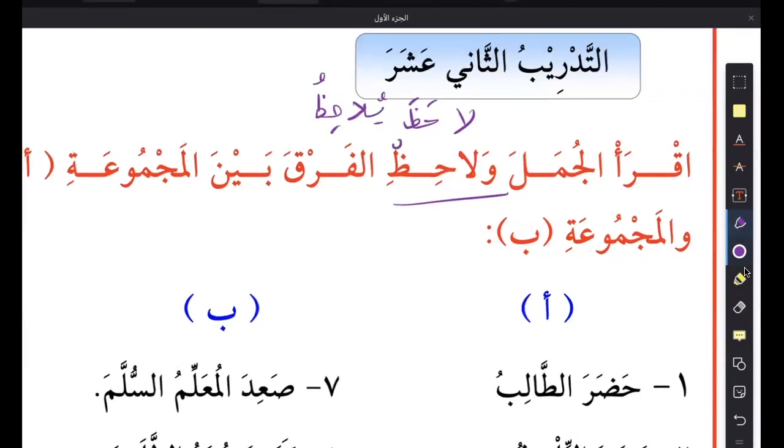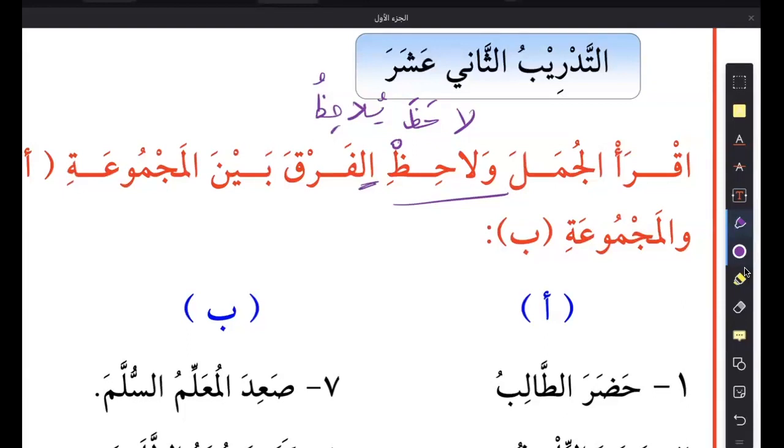This is a command verb, so there should have been a sukun, but because of the same situation we just talked about, you have Hamzat al-Wasl, so we put a kasra on the la. So it's asking you to notice. Lahadha, yulahidhu is to notice something, to look into something.